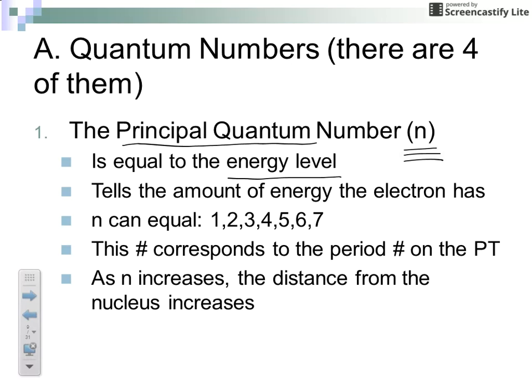Now, when you look at the periodic table, we learned there are 7 periods on the periodic table. There are 7 energy levels within the atom. So the energy level quantum number describes which energy level you find the electron in. It's sort of like the street that the electron lives on, if you want to relate it to your address.